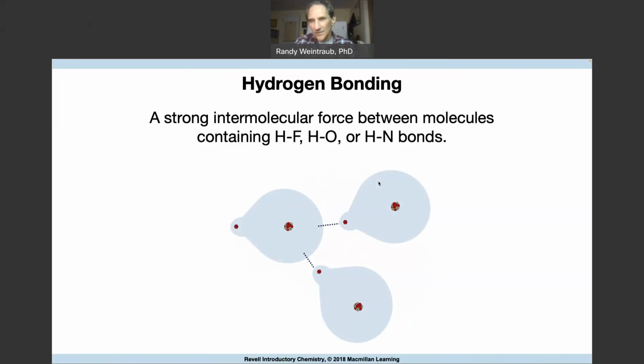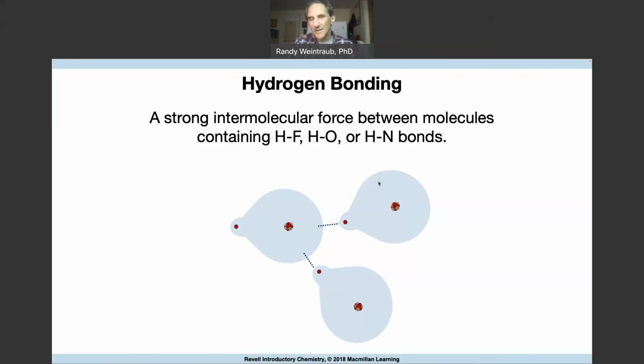So what causes the hydrogen bonding? Recall that a hydrogen atom contains only one electron. When hydrogen bonds to a highly electronegative element, such as fluorine, oxygen, or nitrogen, this one electron is pulled away, leaving a positive nucleus exposed.